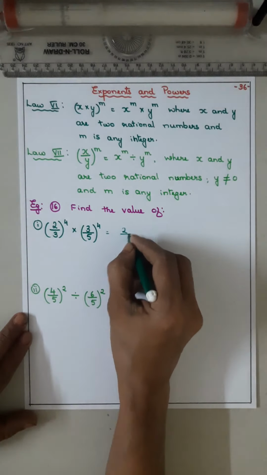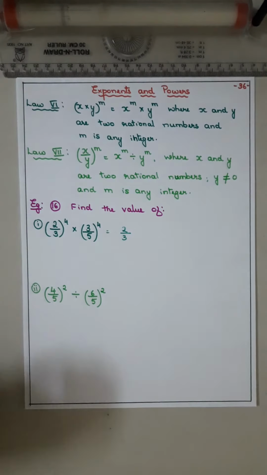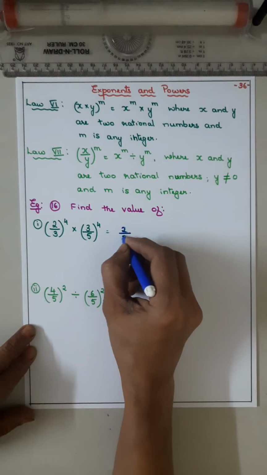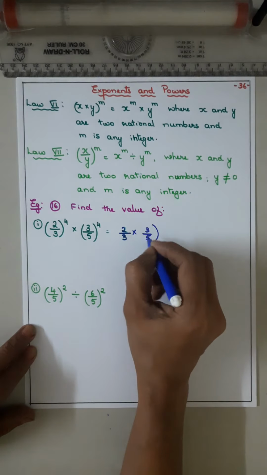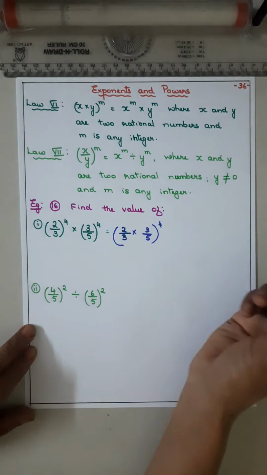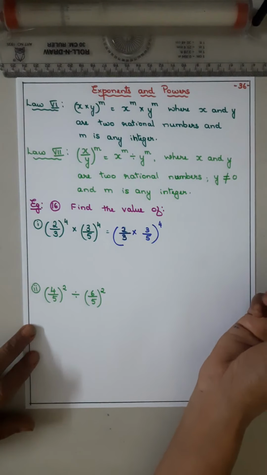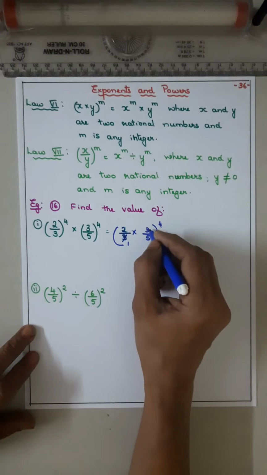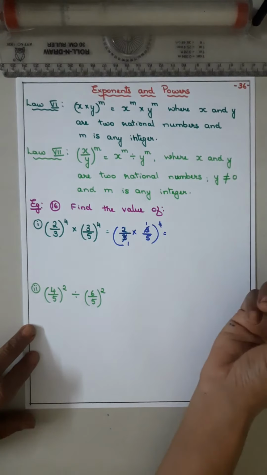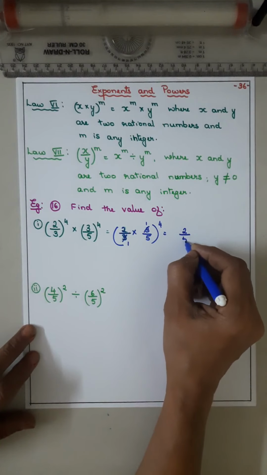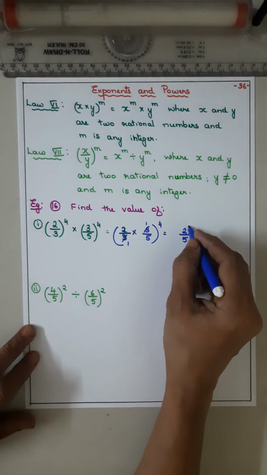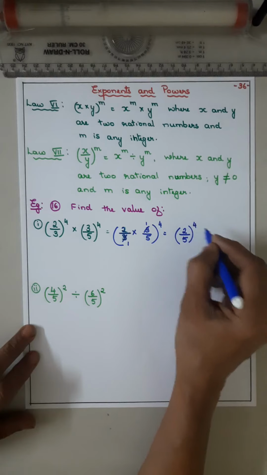It is (2 by 3 into 3 by 5) the whole raised to 4. Now, is there any cancellation? Yes, 3 ones are 3, 3 ones are 3. So this becomes (2 by 5) the whole raised to 4.